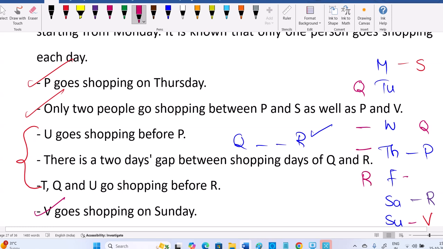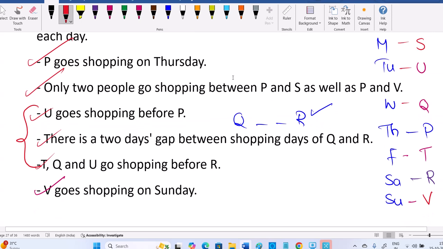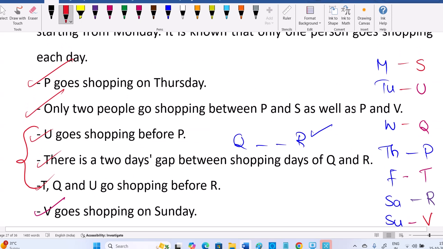Q and U definitely between P, this is two chances. There are two possibilities, U, Q, P, here T, but we want T before Q and U, so this is eliminated. Only this possibility satisfies all these conditions. Fine, this is the perfect order: S, U, Q, P, T, R, V. Trial and error is all we did and we finalized this answer.